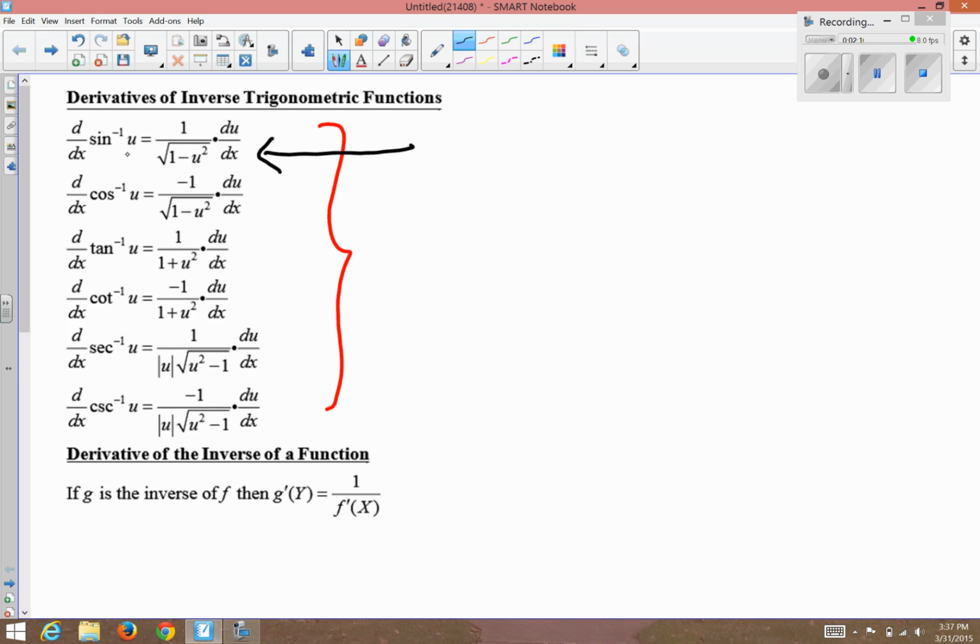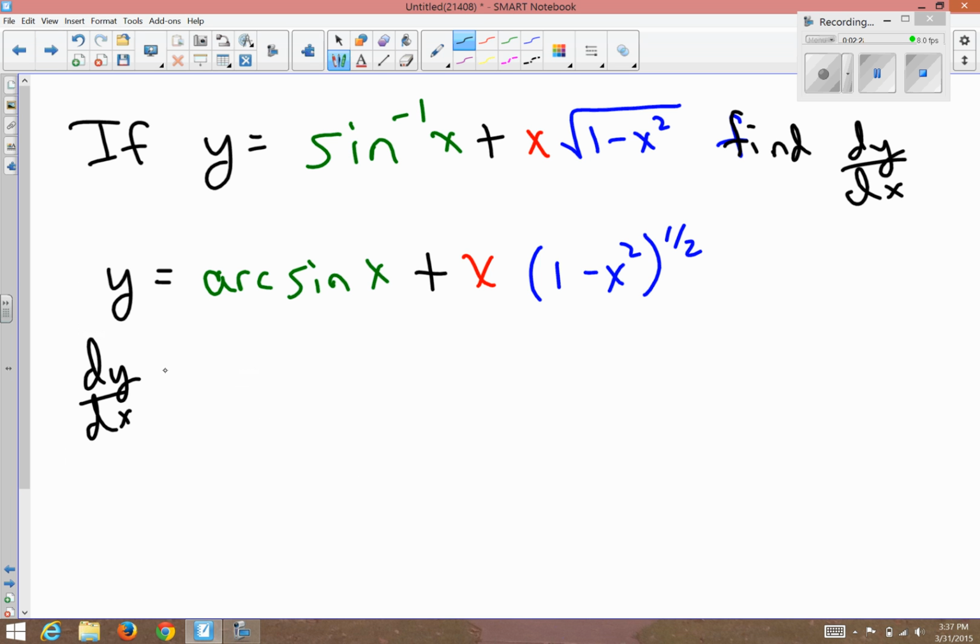U squared means whatever is here gets squared, and we also multiply by the derivative of what I just underlined over here, which is sometimes in parentheses. In this case, the thing that's squared is whatever's written here. And we also multiply by the derivative of what I just put the arrow on.